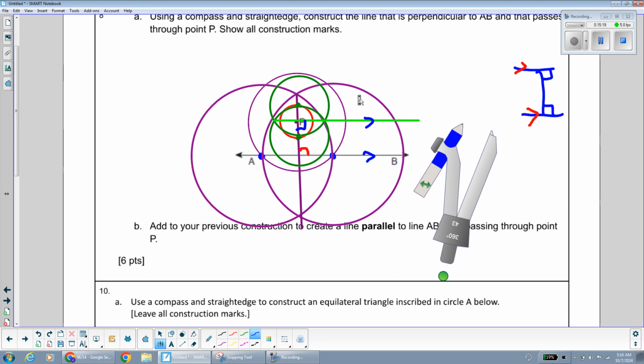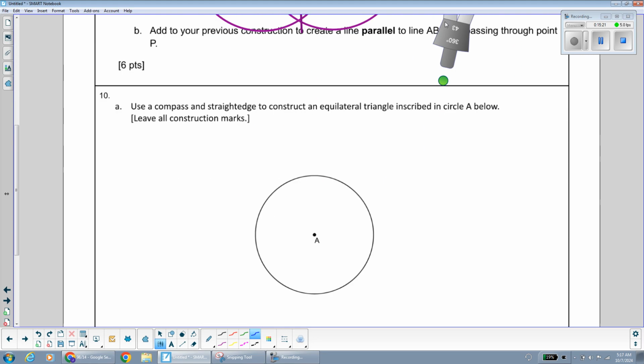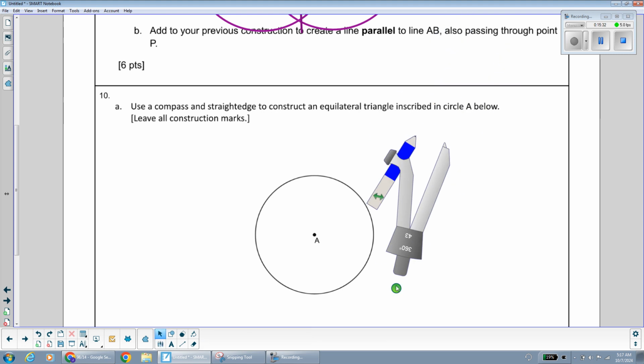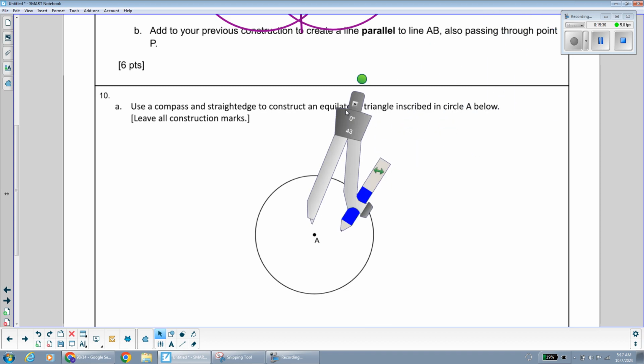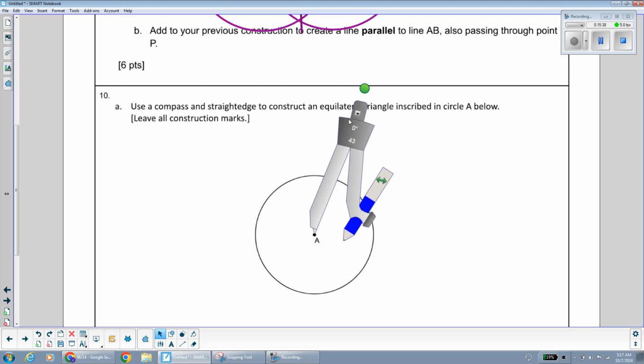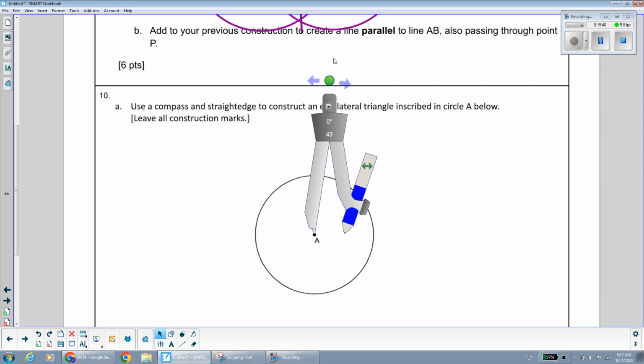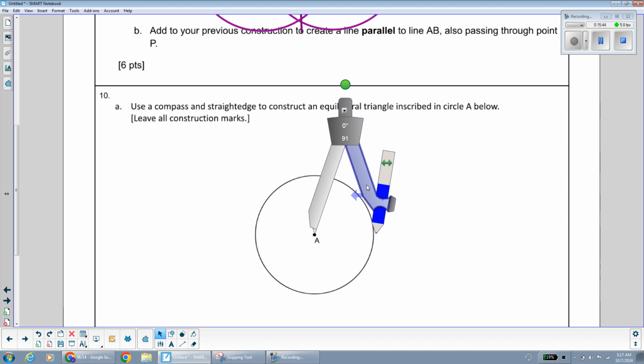Okay, for the next part, we are constructing an equilateral triangle inscribed in AB. I'm going to do this the way that we did it in class. What I'm doing first is I'm putting my compass on the center of the circle so I could measure the radius.